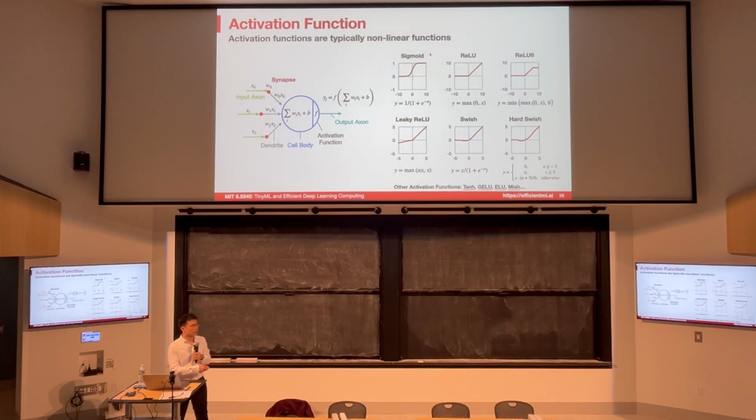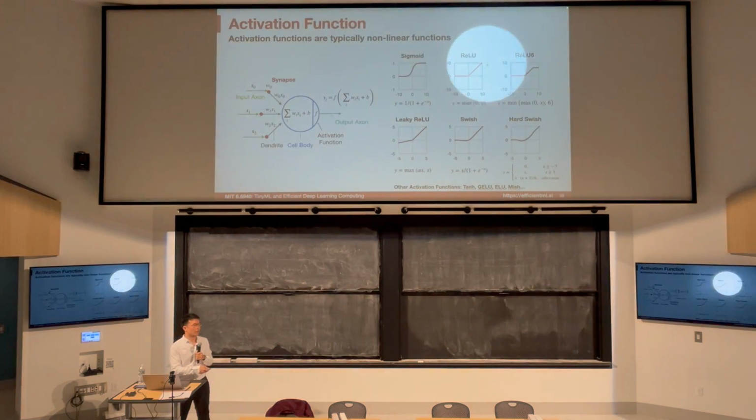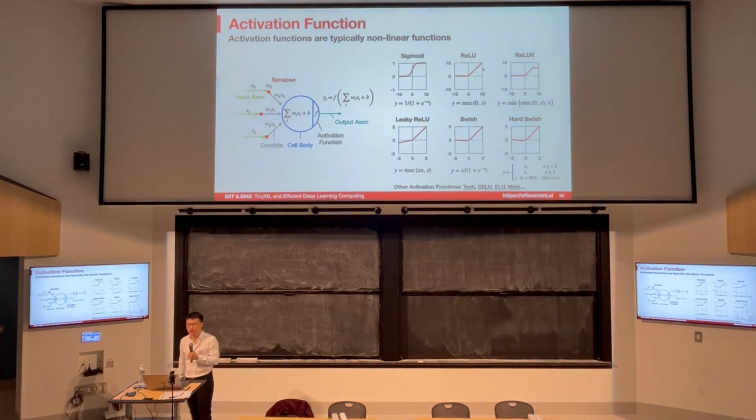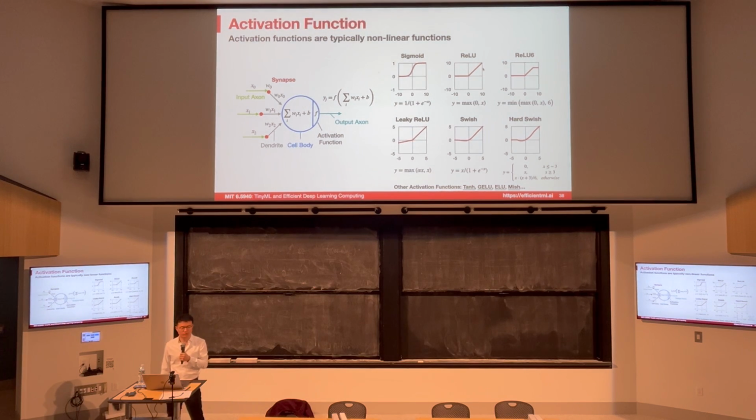And then people came up with ReLU. When it's positive, the gradient never vanishes. But when it's negative, the neuron is basically dead. There's no way to put it back because there's no gradient anywhere when the value is smaller than 0. But what is good about it is that it's very easy to sparsify.